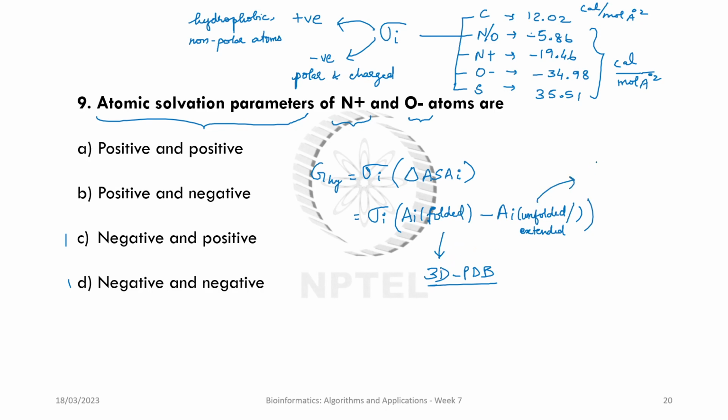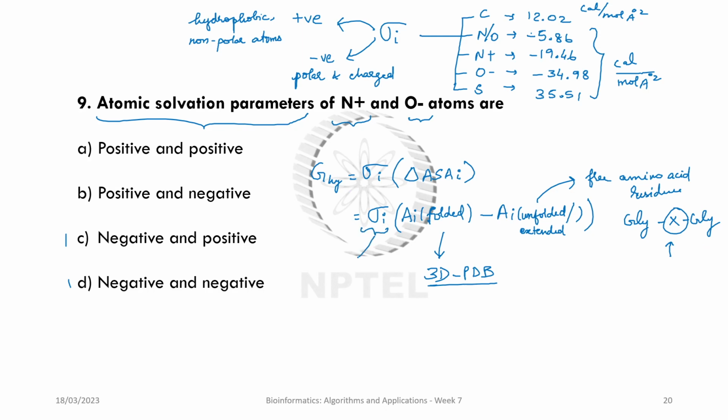For unfolded or extended state, you use the values for a free amino acid residue, or when you have the glycine X glycine. So this is for any amino acid for which you need to find the accessible surface area in an unfolded or extended state.